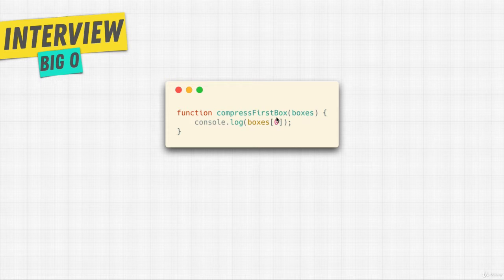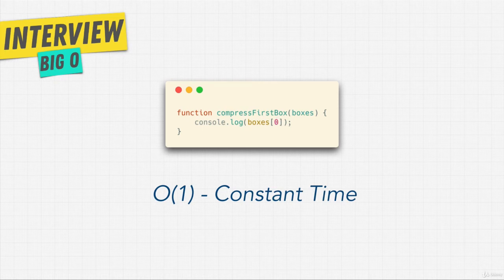Ready for the answer? Well, this is what we call constant time. It's an O of 1. That is, no matter how many times the boxes increase here, or however many boxes we have, we're always just grabbing the first item in the array.